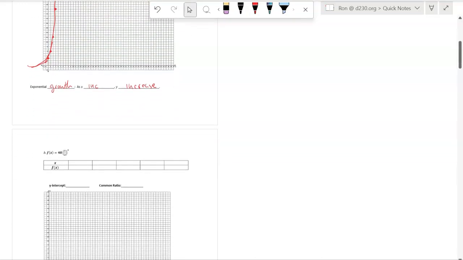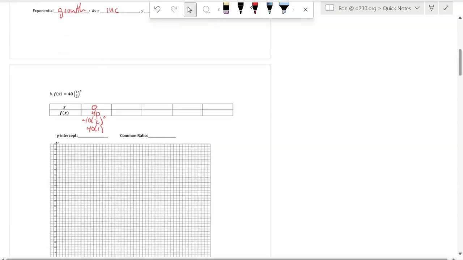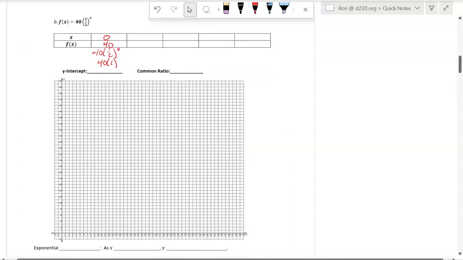Okay? Now for the next one, if I start at 0 here, I'm going to do 40 times 1/2 to the 0. Anything to the 0 power is 1. 40 times 1 is 40. All right. So we'll plot that point, 0, 40.